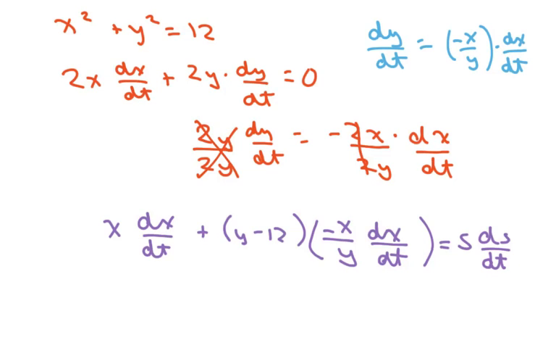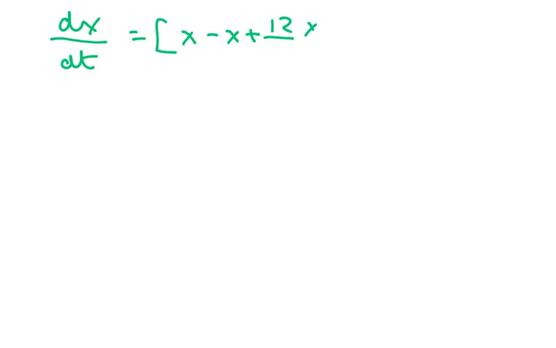I'm just plugging this back into my original equation from the other side. Next, we factor out the derivative of x, and we get x minus x plus 12x over y, equals s times the derivative of s with respect to t.